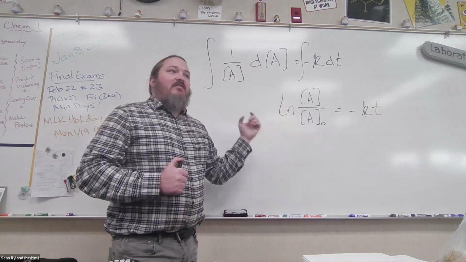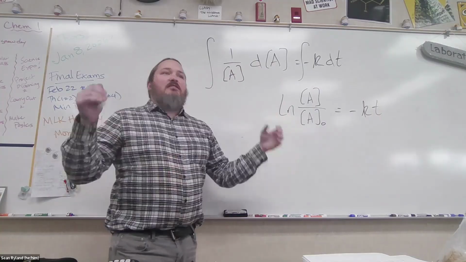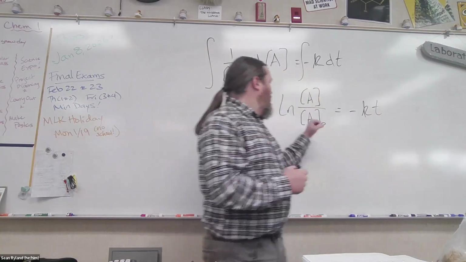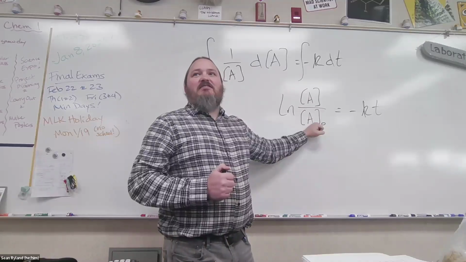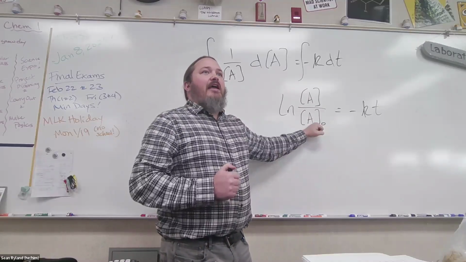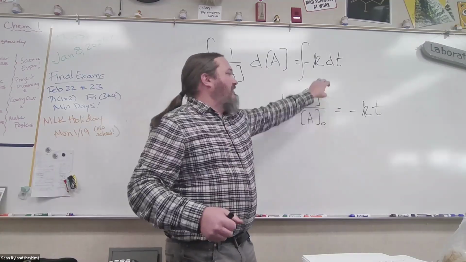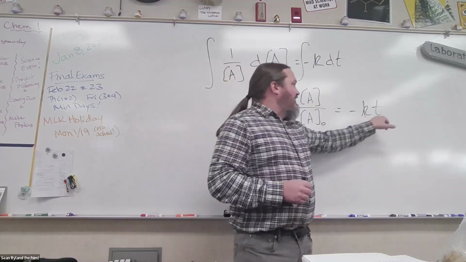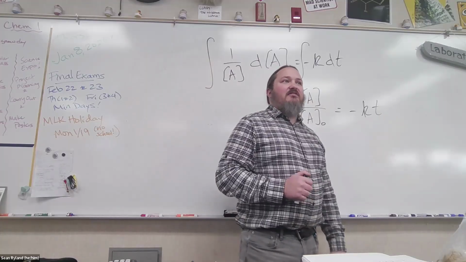Radioactive isotope dating basically says when this sample was formed, we know how much of a radioactive isotope was in it. And now we look at this sample and it's got less. If we know what K is, we can figure out what the time was.